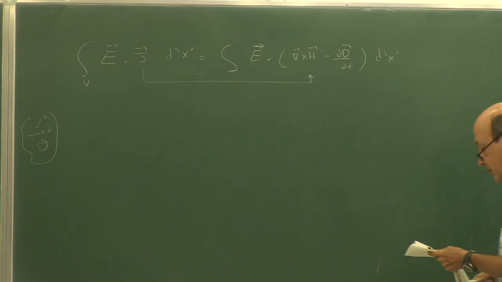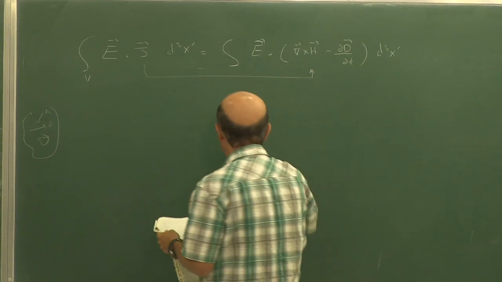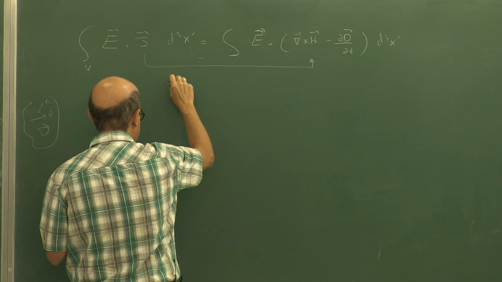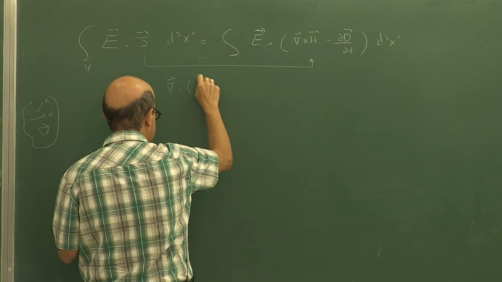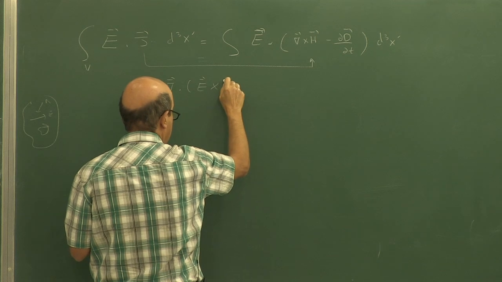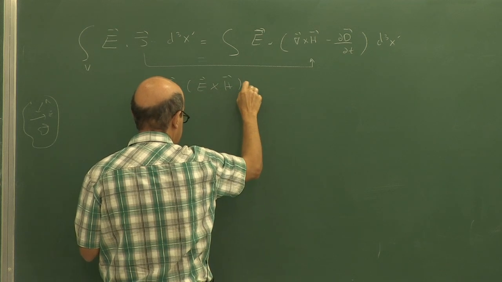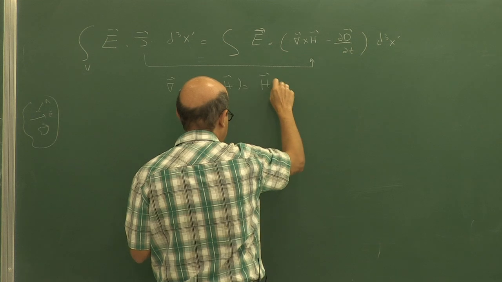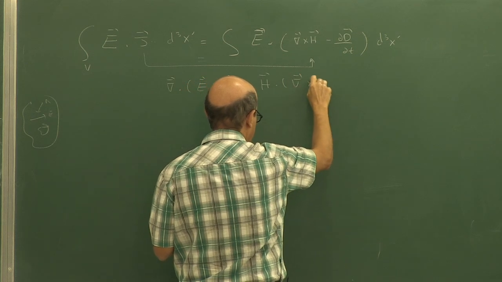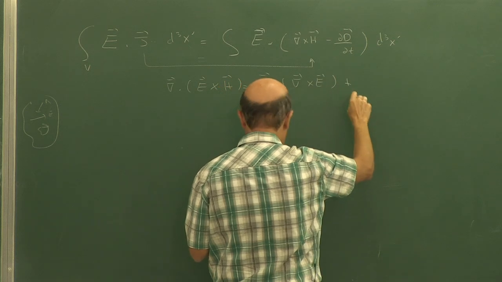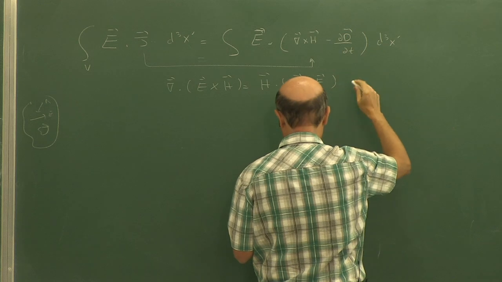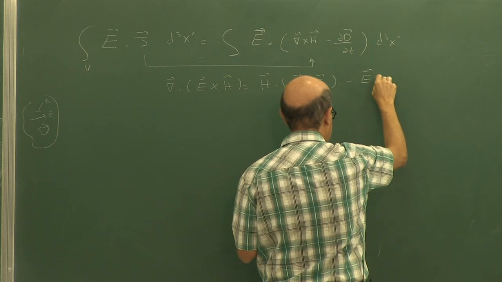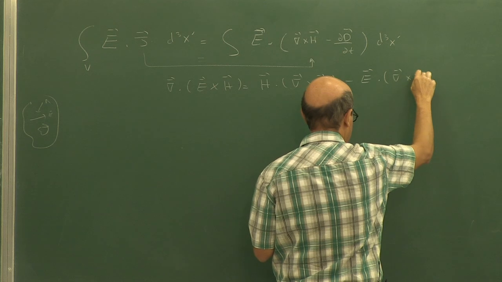Some simple calculus we will use. We will need this term: instead of the divergence of E cross H, consider this. You can write H dot curl of E minus E dot curl of H.